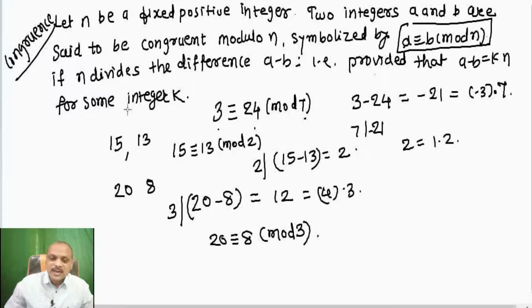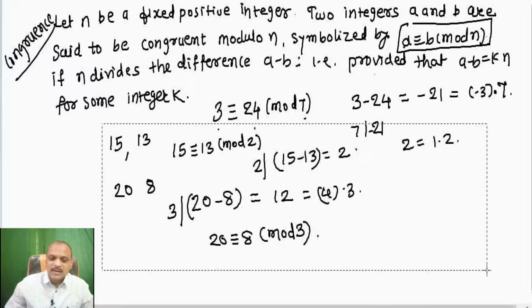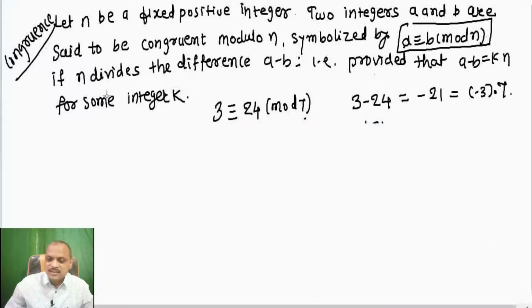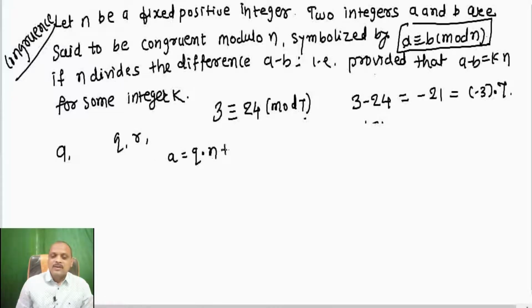If we generalize this, for any integer a, then by the division algorithm there is a quotient and remainder: a equals q into n plus r. So this implies that a minus r is equal to q into n, where q is an integer.